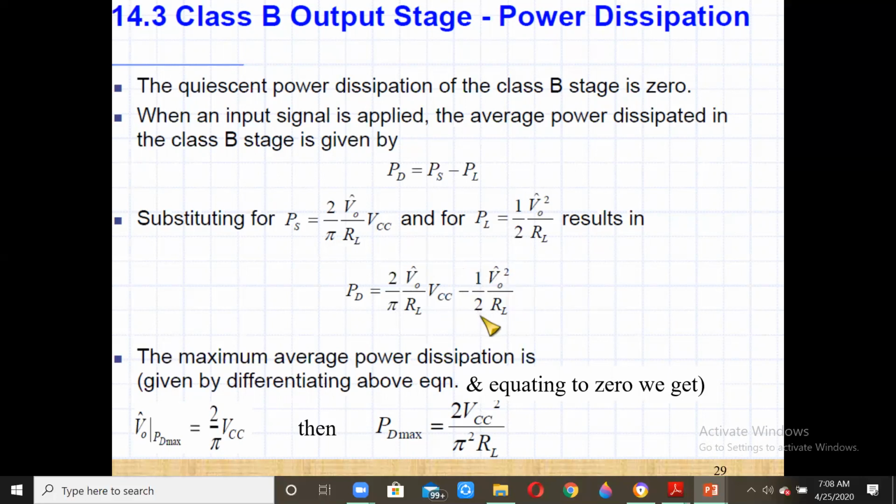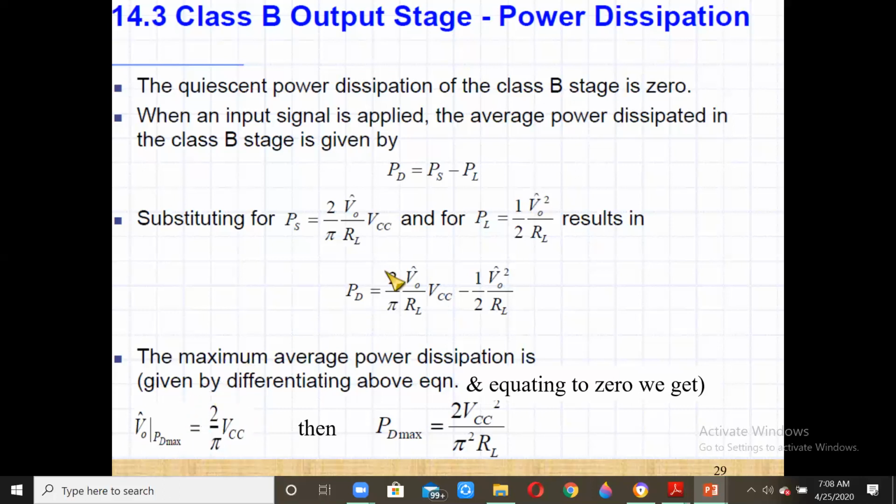So 2 will cancel. If you take this term to the other side, you'll get V naught by RL equal to 2 by pi RL into VCC. The RL cancels, and we get V naught equal to 2 by pi into VCC. Right? We get V naught is equal to 2 by pi into VCC.